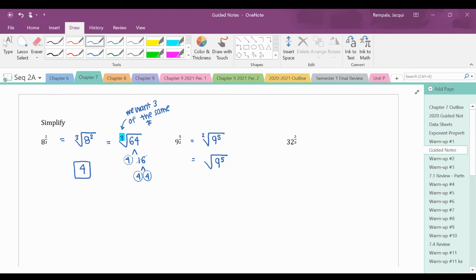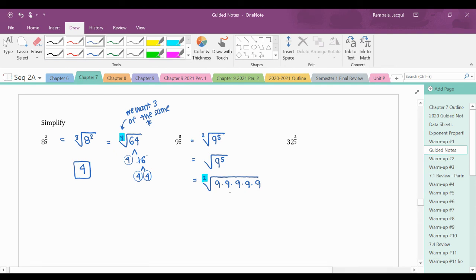All right, so let's think about this. We want to simplify. So just like the last problem, we took 8 squared and multiplied it out to get 64. Because it's 9 to the 5th power, that's 9 times 9 times 9 times 9 times 9. It's written out 5 times. Because my index is 2, remember, that means I want 2 of the same number.